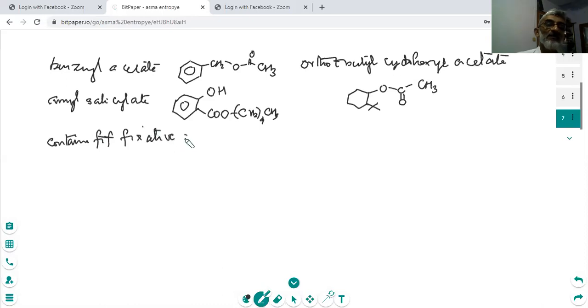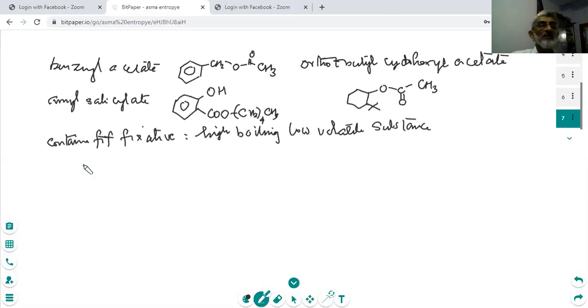Now these are high boiling, slightly more high boiling, low volatile substances.